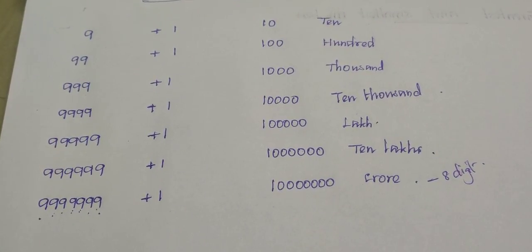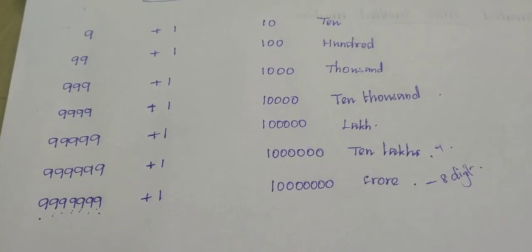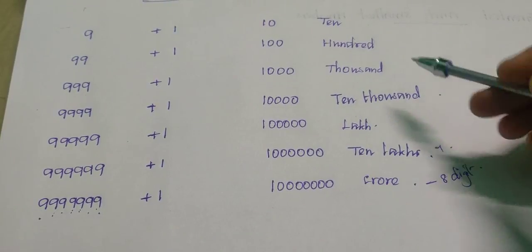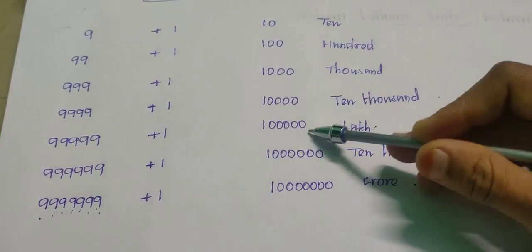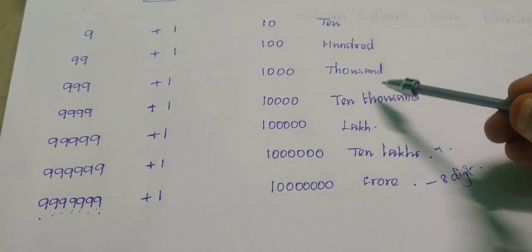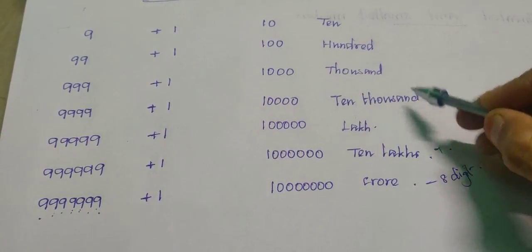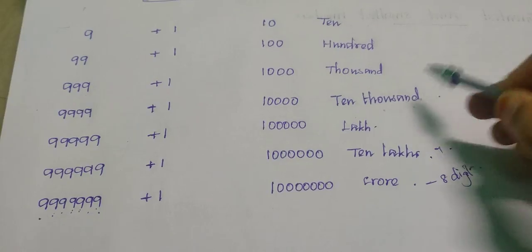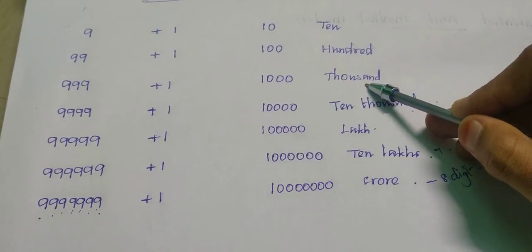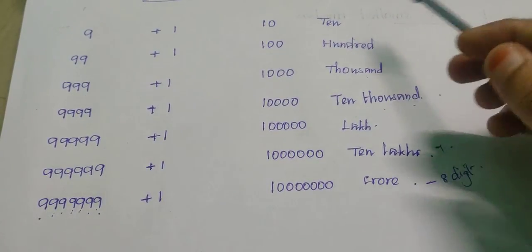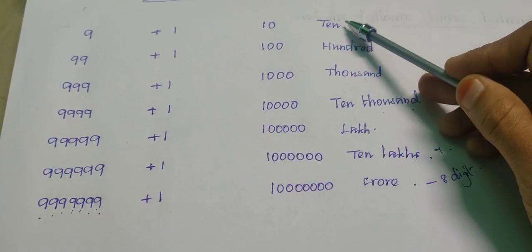The smallest 7-digit number is 10 lakhs. The smallest 6-digit number is lakh. The smallest 5-digit number is 10,000. The 4-digit number is 1000, the 3-digit number 100, the 2-digit number 10.